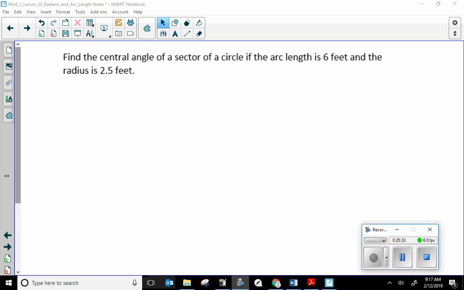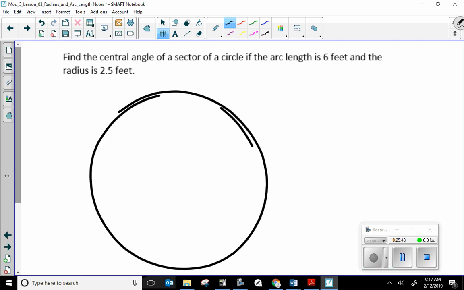Find the central angle of a sector of a circle if the arc length is 6 and the radius is 2.5 feet. We still have a circle and some angle. They tell me the arc length is 6, so my S is 6.